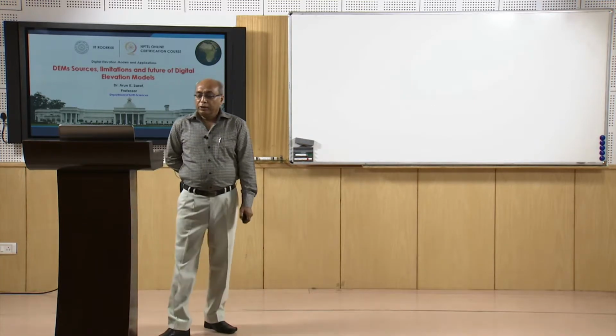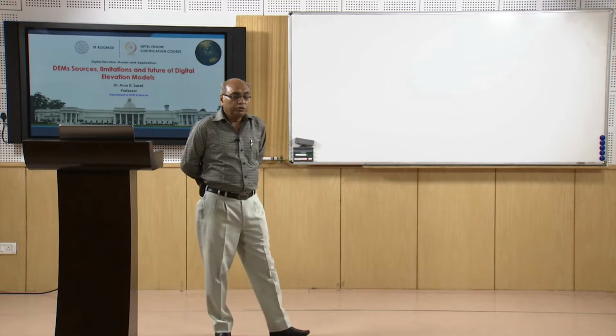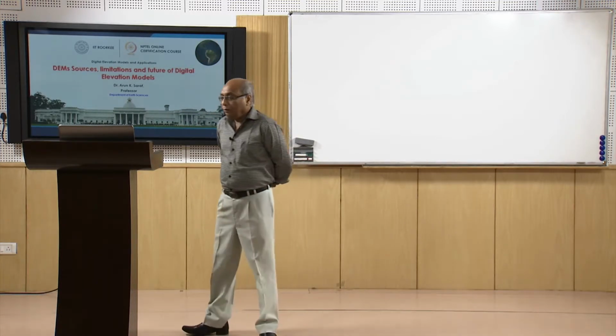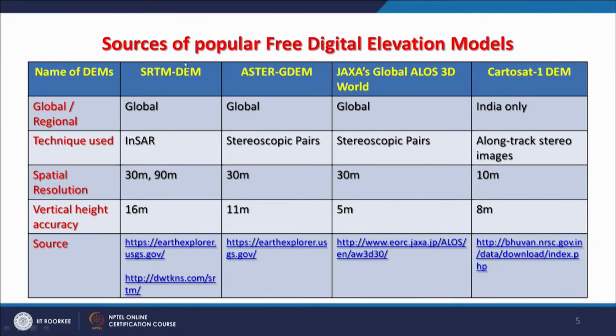Now these are the sources of very popular free digital elevation models available. I will go one by one through different characteristics of these digital elevation models. Like this is the SRTM DEM, that is Shuttle Radar Topography Mission Digital Elevation Model.